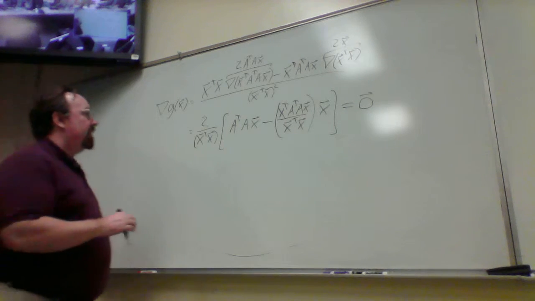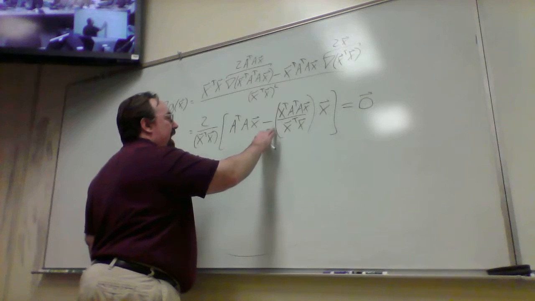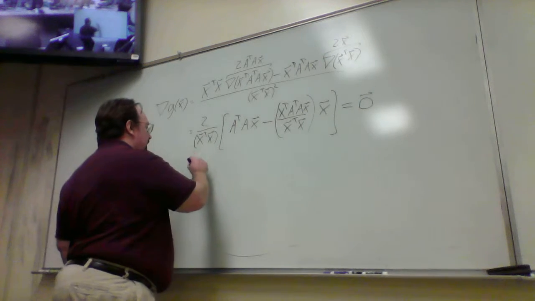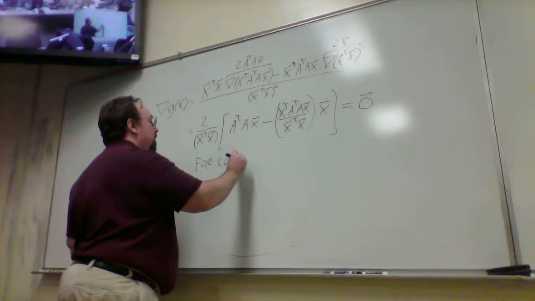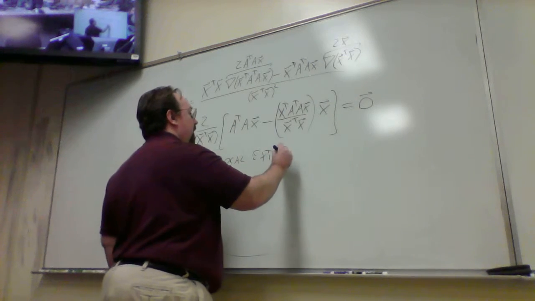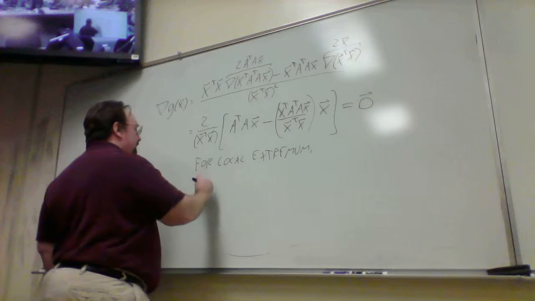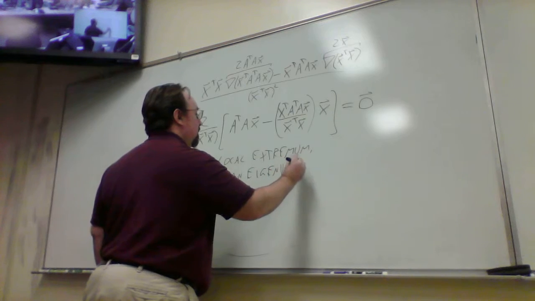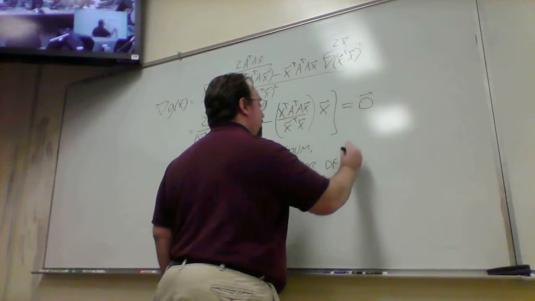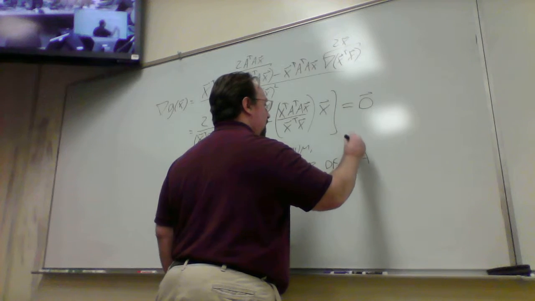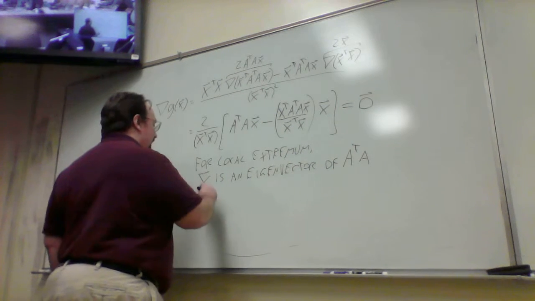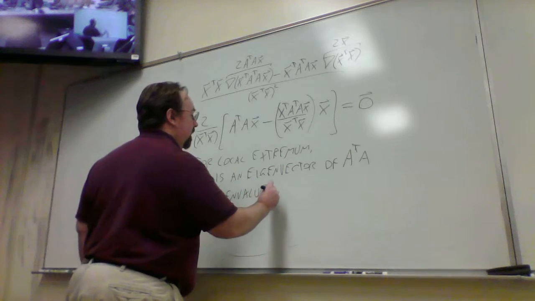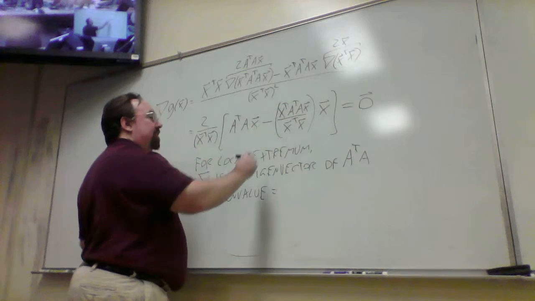Now what we have here is a matrix times a vector minus a number times a vector. So it turns out that for a local extremum of any kind, max or min, what we need is x is an eigenvector of A transpose A, and the corresponding eigenvalue is this expression right here, but that's just g of x.